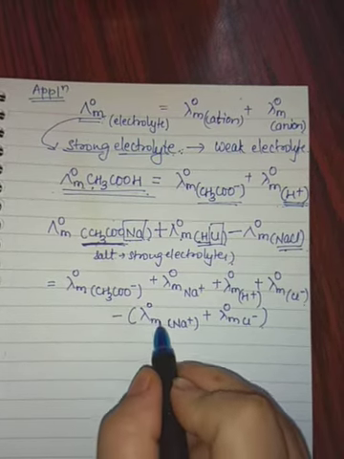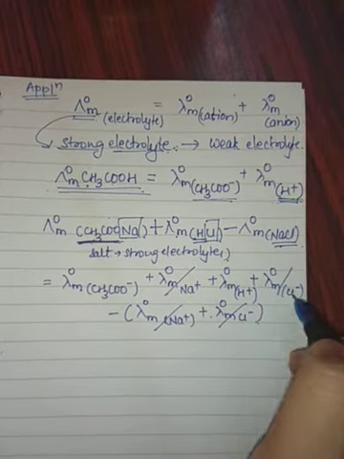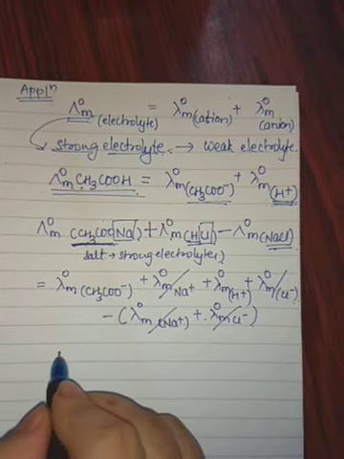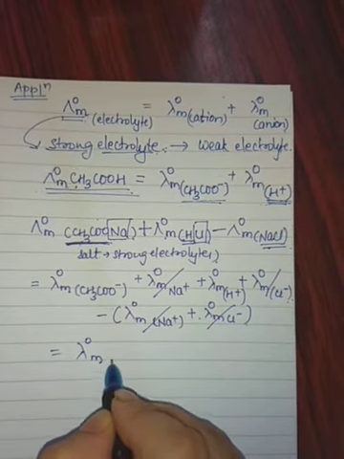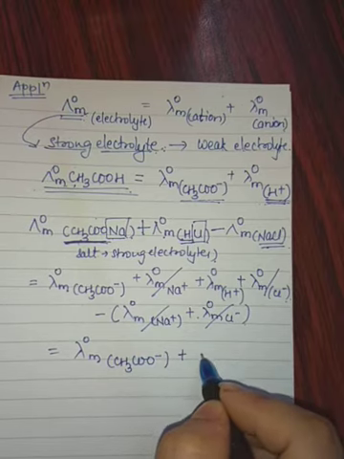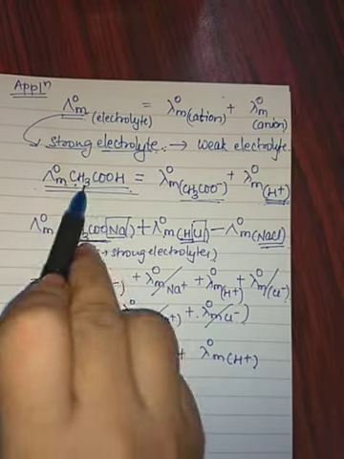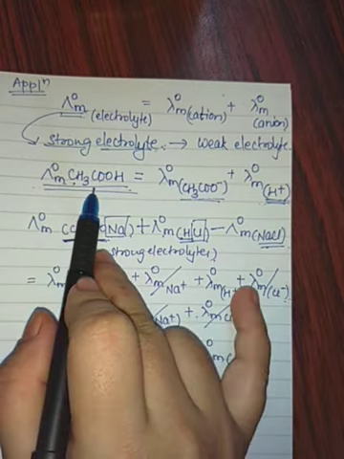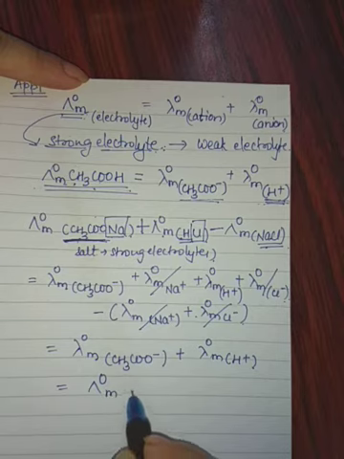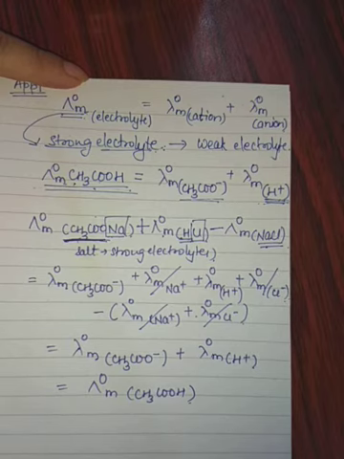When you open the bracket, this will be minus, this will be minus. So these two get cancelled, lambda naught m of Na plus and lambda naught m of Cl minus. What is remaining is lambda naught m of CH3COO minus plus lambda naught m of H plus, and this is what we wanted for our acetic acid. So this is equal to capital lambda naught m of CH3COOH, and this is the application of Kohlrausch law.